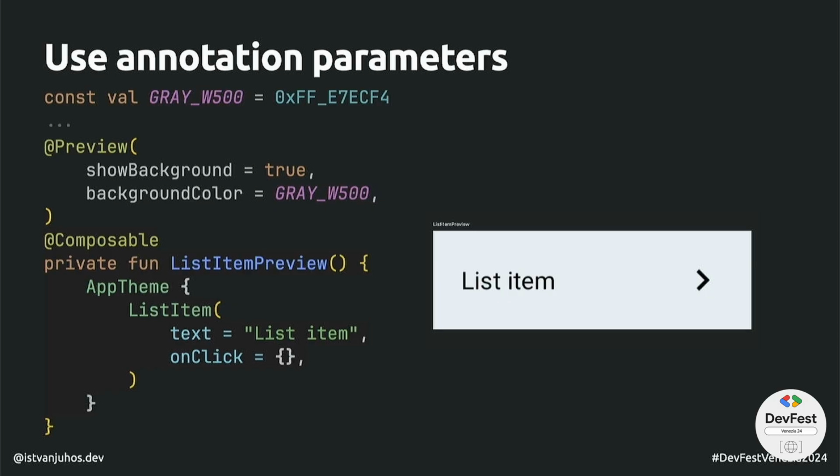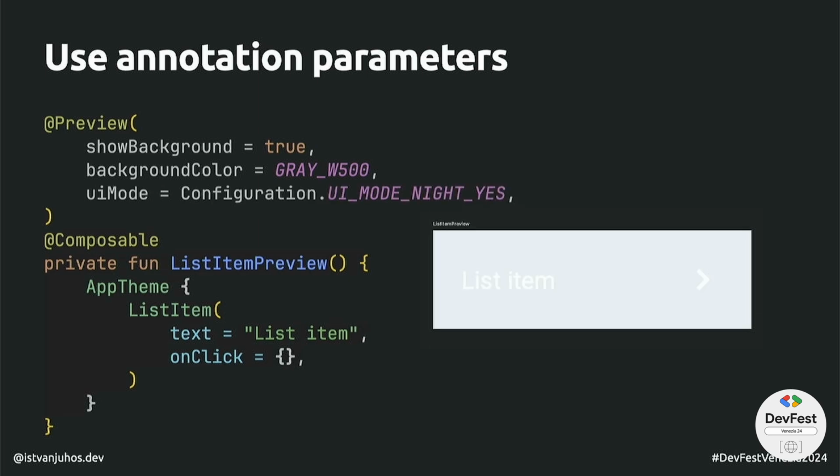And those usually have proper names, so again, it yields better readability. OK, so what happens if we define the UI mode to be dark mode, because we want dark mode previews? Well, that color, the gray W500, stays the same. So the background is still the same, but the UI switches to dark mode.